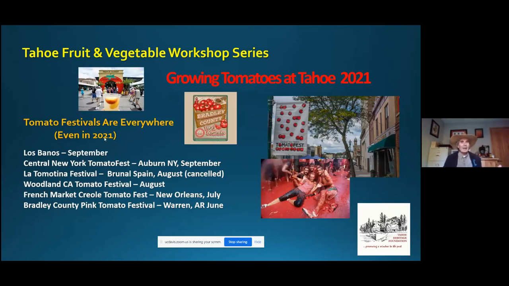One of the nice things about tomatoes is that they are everywhere, with festivals and parties to celebrate growing tomatoes. And even in 2021, with our COVID ending restrictions, we have a number of festivals going on. Los Banos here in California in September, the French Market Creole Tomato Fest in New Orleans in July, and this coming weekend in Arkansas, in Warren County, in Bradley County.